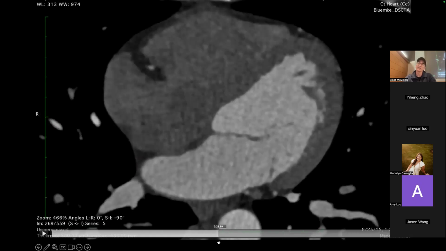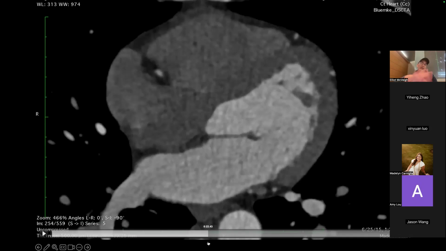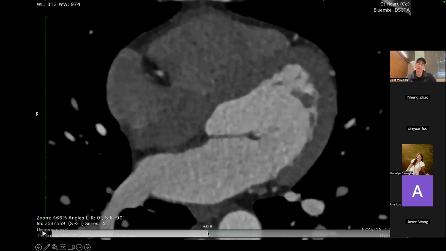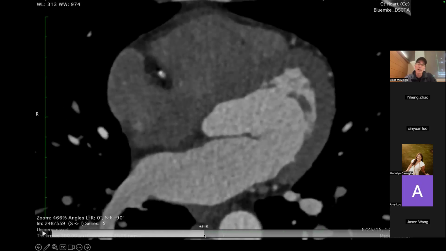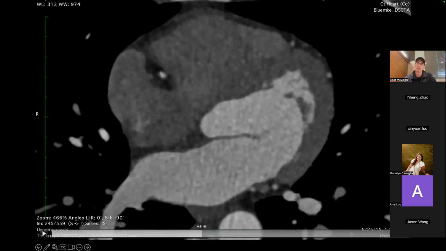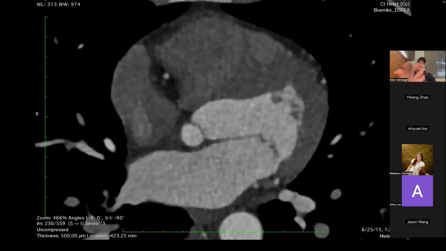This is a pretty slim RCA, so probably this person has most of the back of their heart perfused with the circumflex artery, because this one looks pretty small. But you can see something happens right there, right? That got pretty bright right there, and that's a piece of calcium. So they would call it positive for coronary calcium there. They can read one of these in about 10 seconds. They just go through the slices like this, up and down, and then they'll tell you where the stenoses are and things like that.